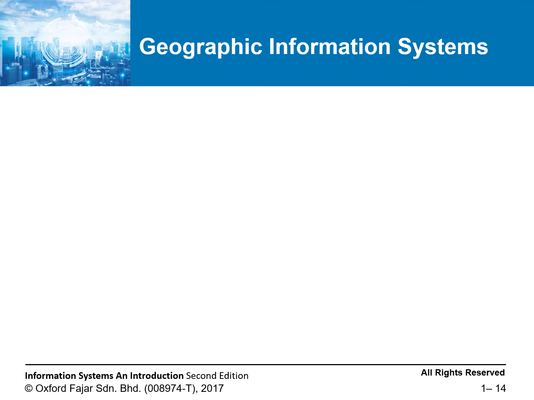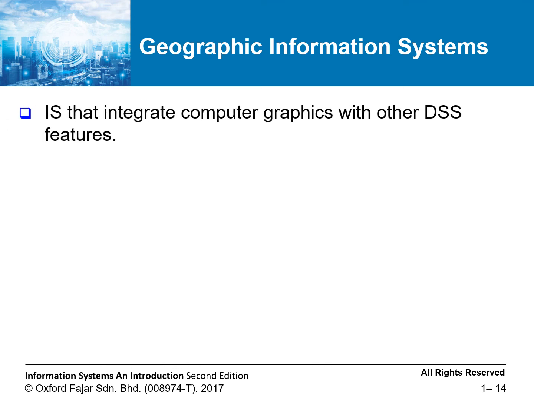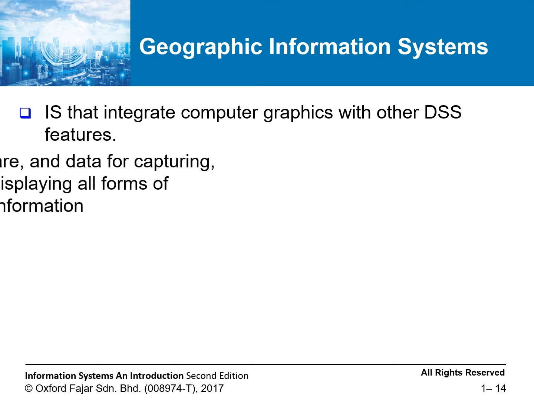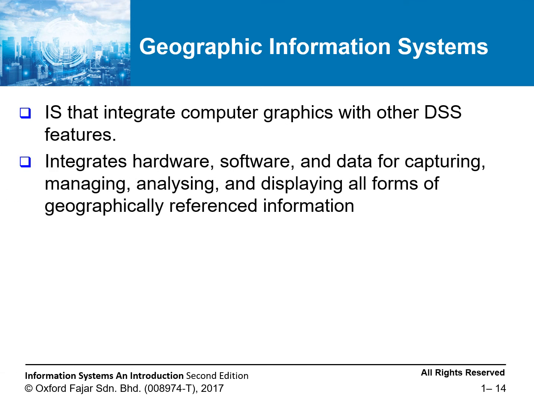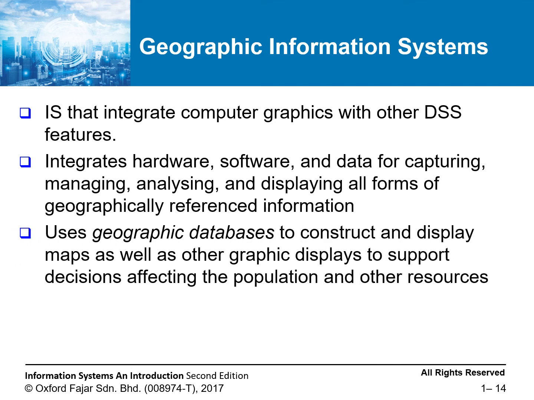About geographic information system, this IS integrates computer graphics with other DSS features. So it integrates the hardware, software, and data for capturing, managing, analyzing, and displaying all forms of geographically referenced information.